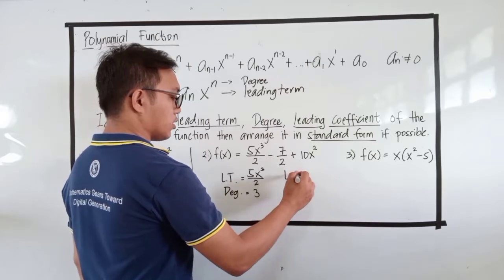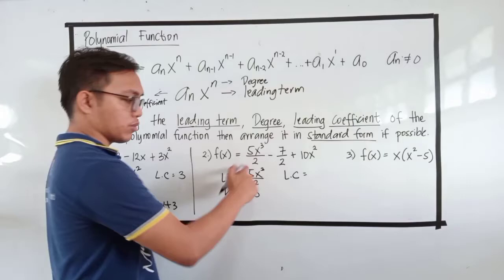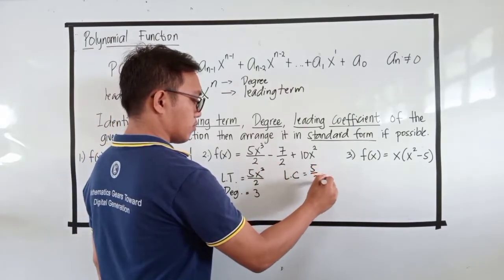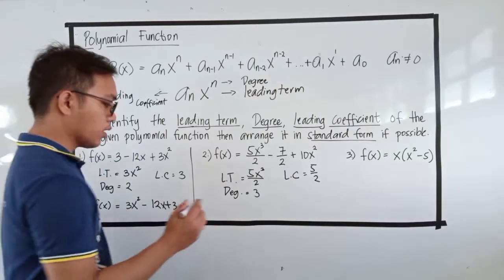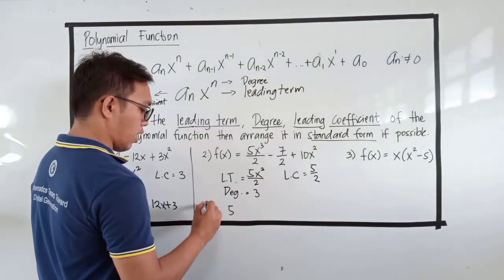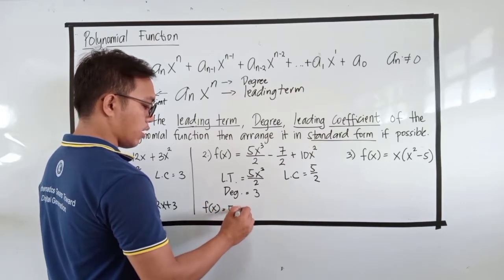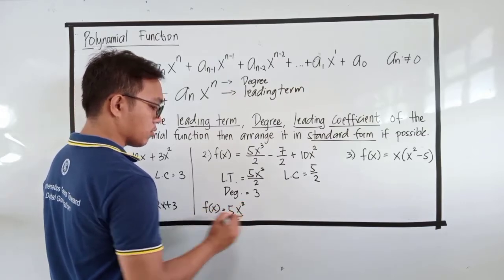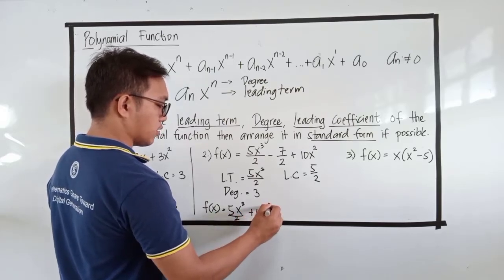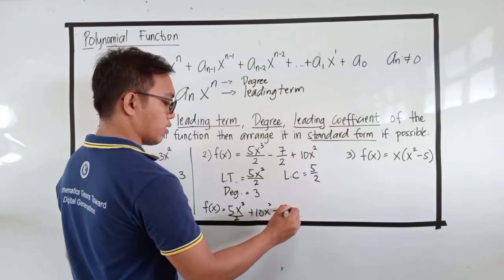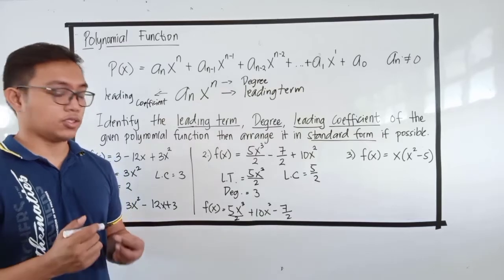The leading coefficient is 5/2. And when we arrange this in standard form, it will be f of x equals 5x³ over 2 plus 10x² minus 7/2. And that's it. That's the standard form.